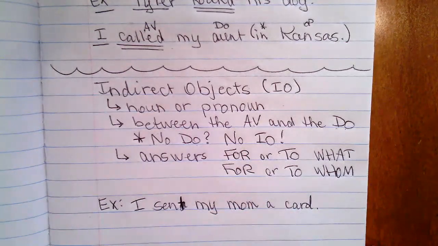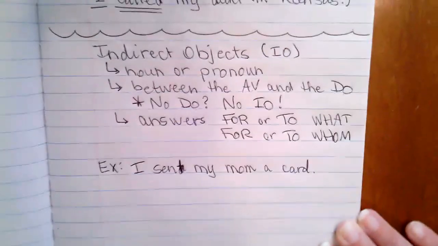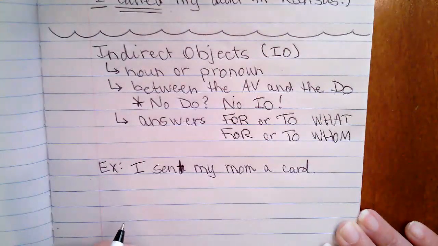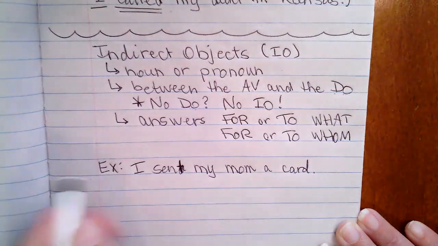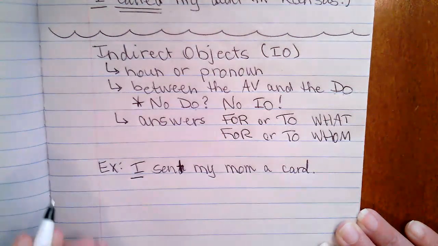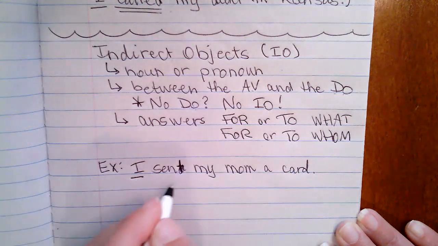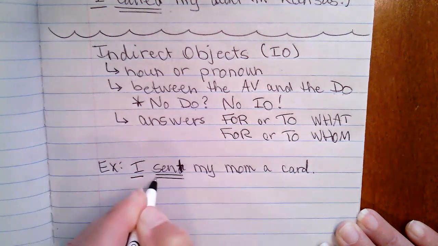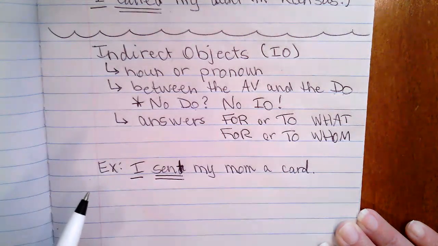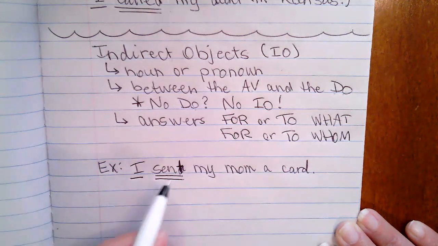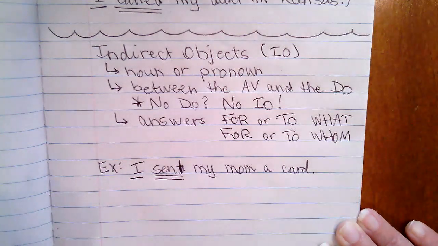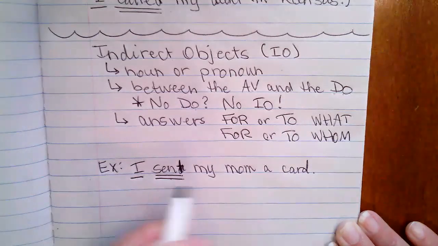Okay. All right, so let's follow the steps of finding a direct object because we can't have an indirect object if we don't have a direct object. Okay, subject is I. Okay, what is my action verb? Sent. Okay, so let's follow the rules for direct object. I sent what? Well, I sent a card.